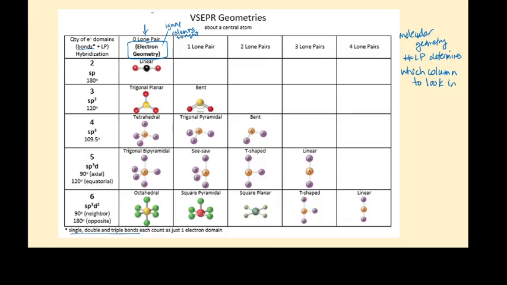Electron geometry depends only on the total, so it's always the second column. So it's either the zero lone pair column for molecular geometries, or it's the column that we use for electron geometry. And again, remember, these are about the central atom.